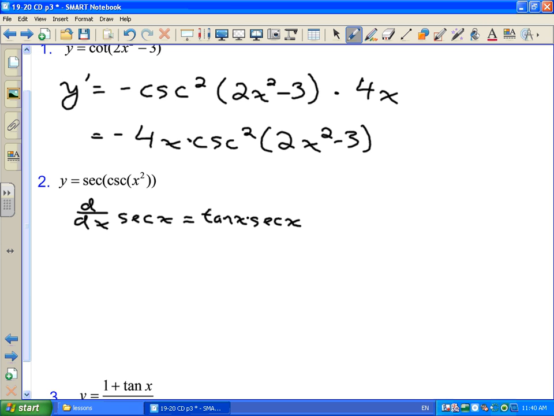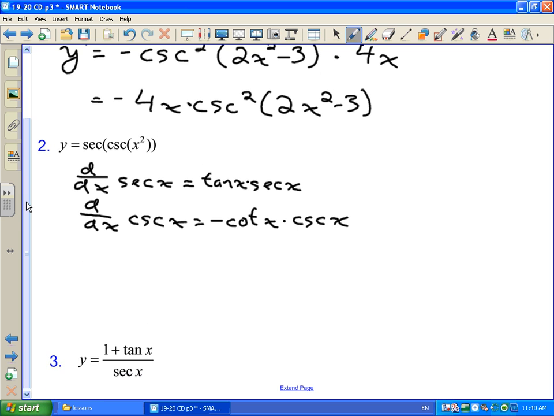And then derivative of cosecant is going to be, let's see, similar to the derivative of secant, but it's going to be negative cotangent x times something, which is itself, which is cosecant x. So these are two of the derivative rules that I need, and I need to put these together.